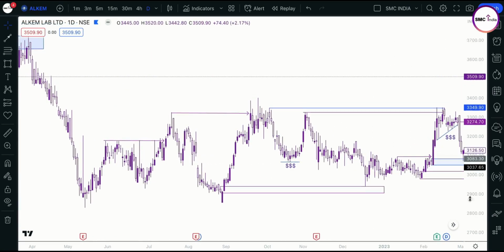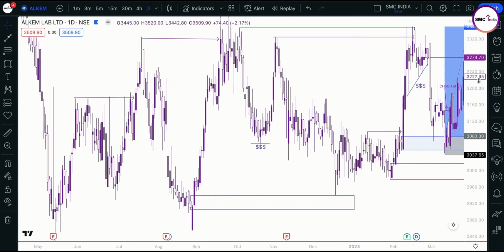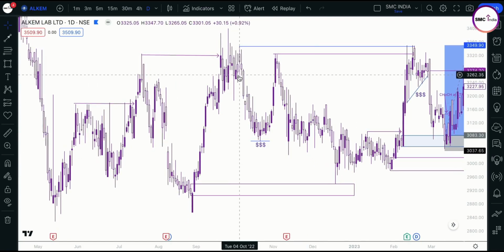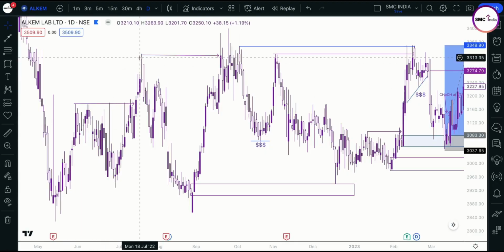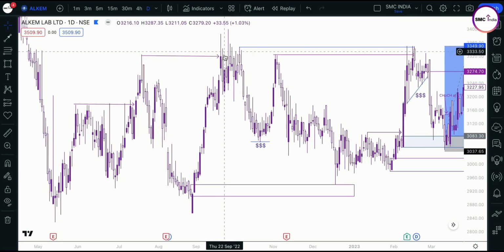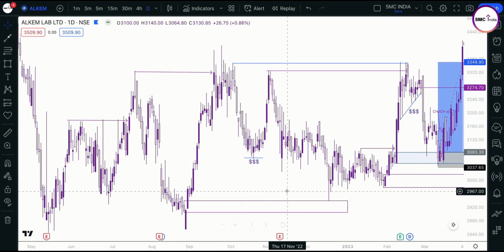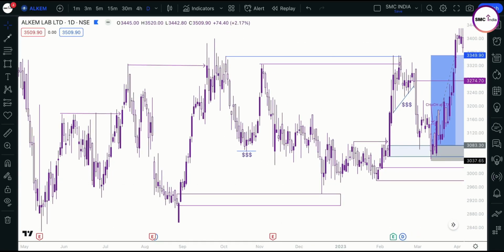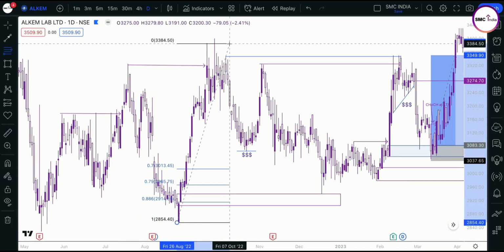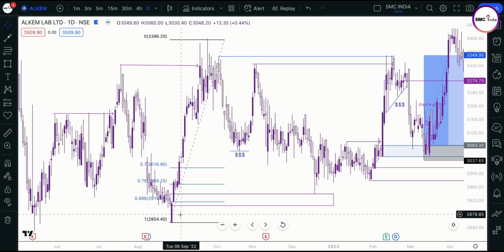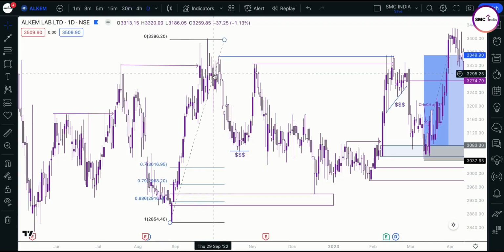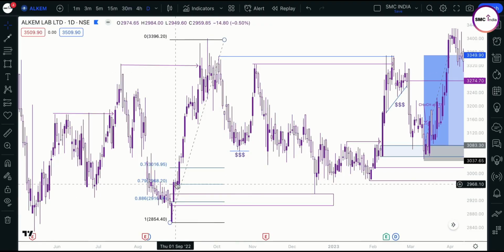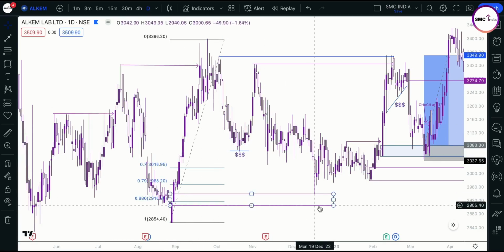And as it moved up, it caused a simultaneous break of structure to the upside, indicating that this is going to be bullish from here on. And how this Fibonacci tool helps is that you use Fibonacci for this move up, and using this Fibonacci you could identify there is an order block here, there is an order block here, and there is another order block here.